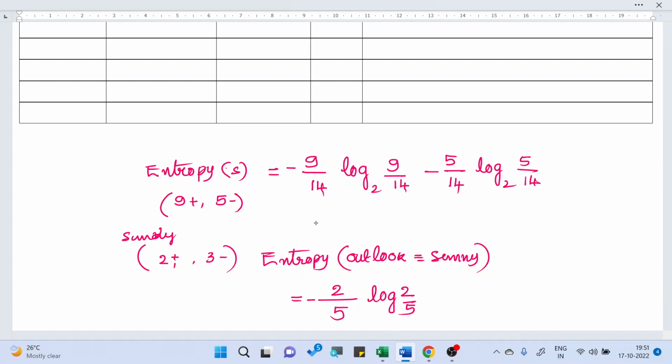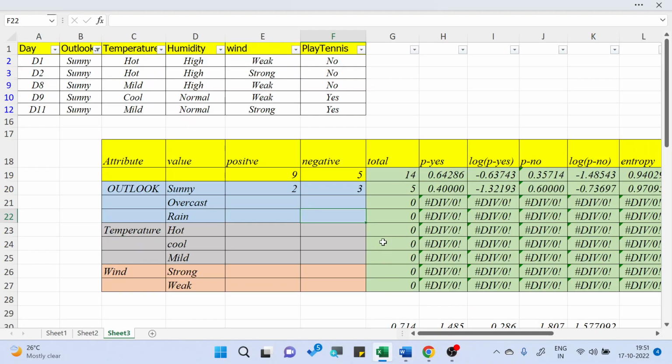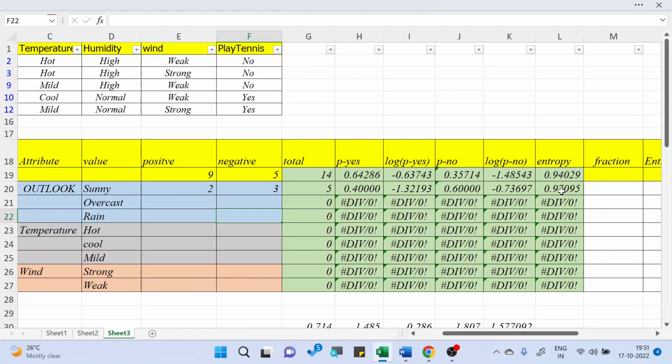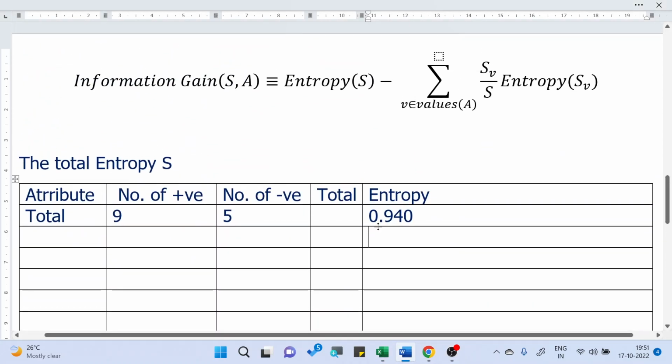This is minus the negative examples, 3 by 5 logarithm of 3 by 5 base 2. So this value, my Excel table shows me, is 0.970.